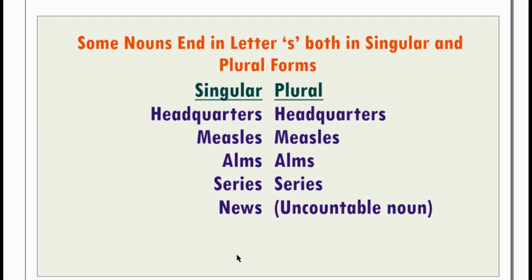Measles, singular, measles, plural. Arms, arms. Series, series. And this one, news. News is an uncountable noun, so there is no plural form of news. News with letter s looks much like a plural, although it's an uncountable noun.